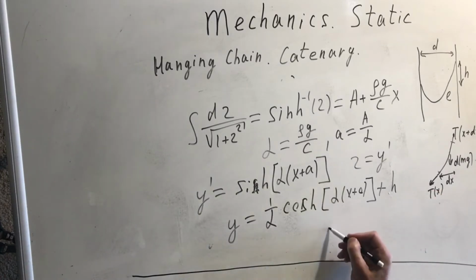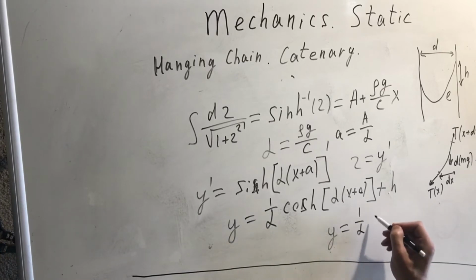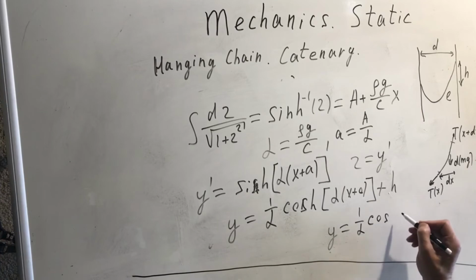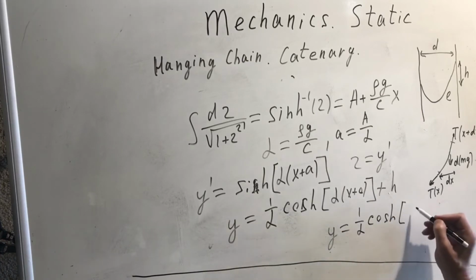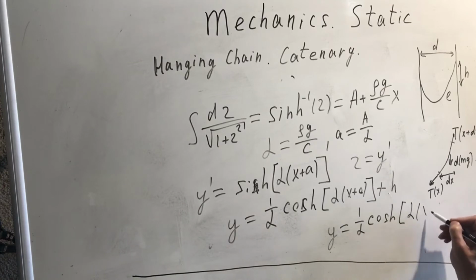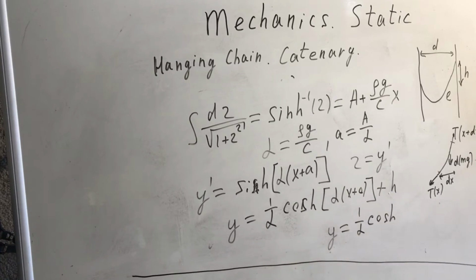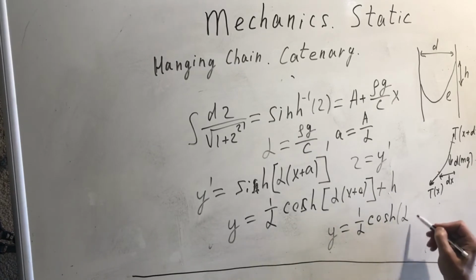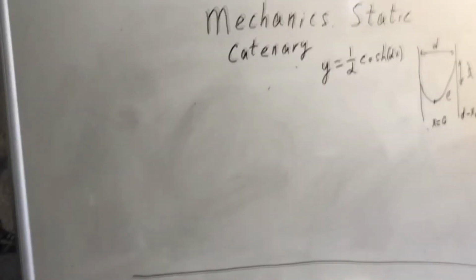In that case we have the total shape equal to 1 over alpha hyperbolic cosine of alpha x. So this is the solution for the first part of this problem.